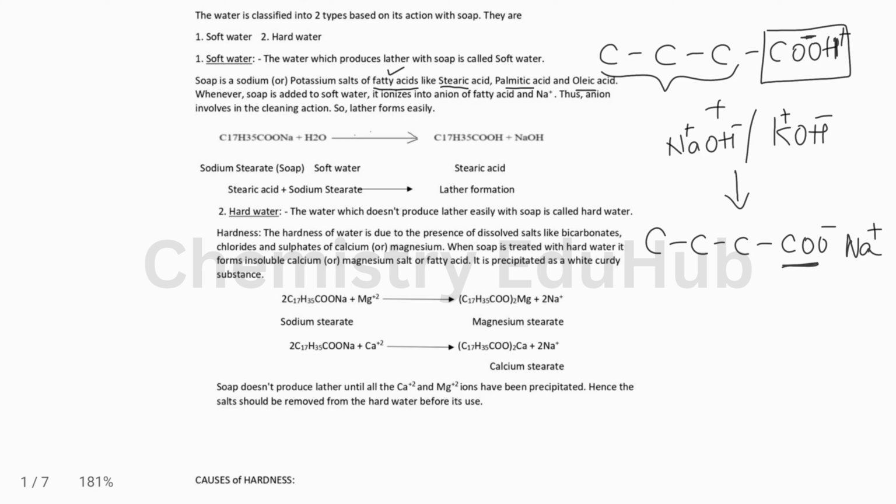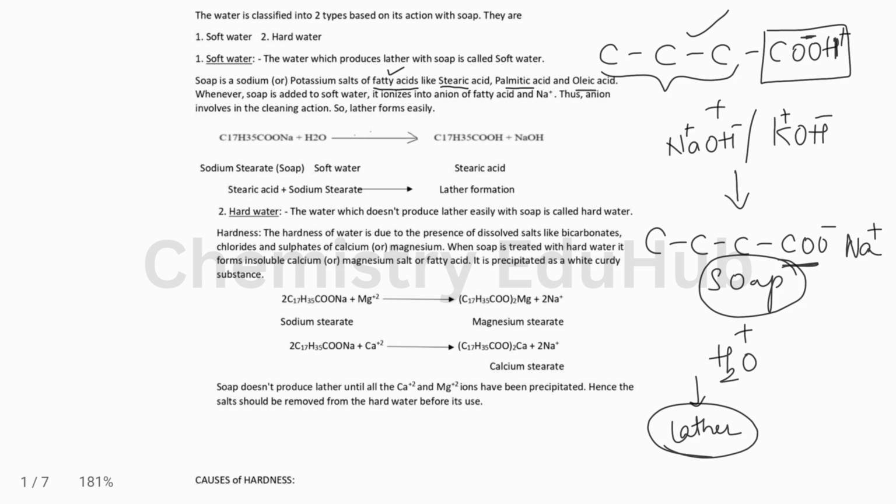This involves the cleaning process. This is the soap formation. Whatever acid that we take will be resulting into the sodium stearate, sodium palmitate, sodium oleate, etc. That is the soap formation. Now whenever we treat this soap with the water, that results in the lather or foam.